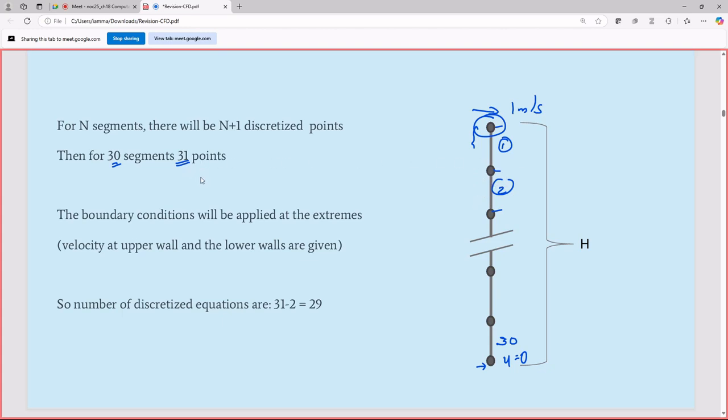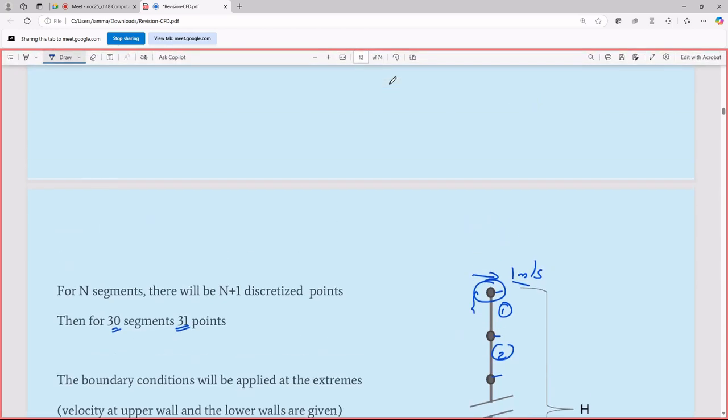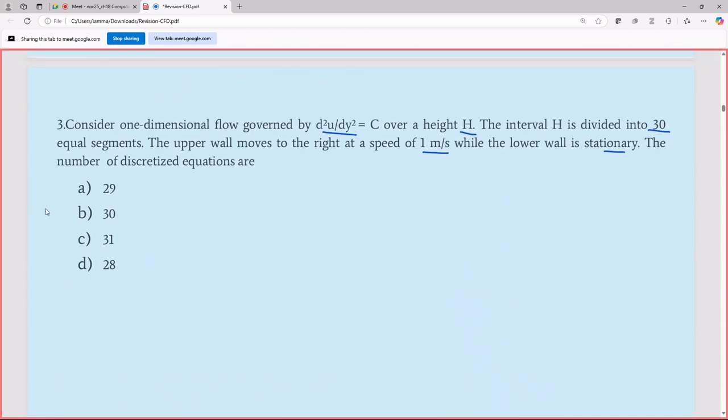We have 31 points, and we know the condition at the uppermost and lowermost. So 31 minus 2, there will be 29 points remaining, and all these points we will have to discretize and solve. So our answer is 29. That is the first option, option A. 29 is our answer.